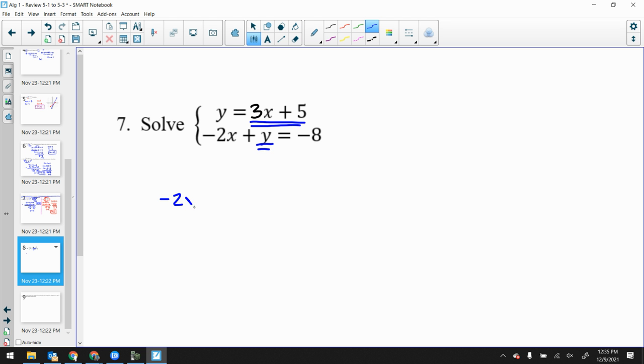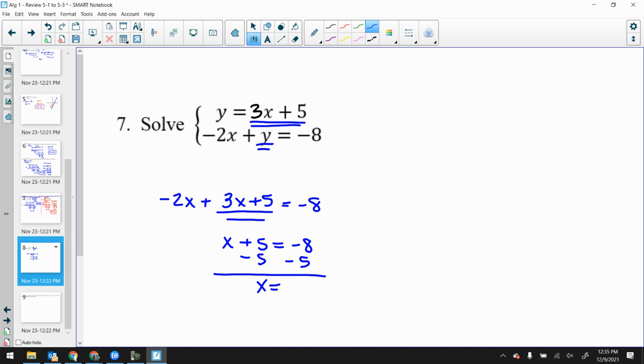Negative 2x plus 3x plus 5 equals negative 8. Negative 2 and 3 make 1. So x plus 5 is equal to negative 8. Subtract the 5. X is equal to negative 13.